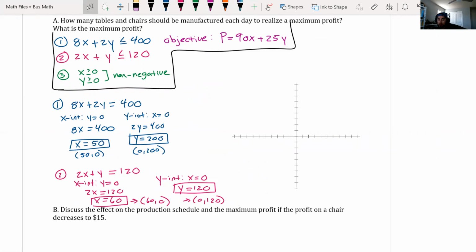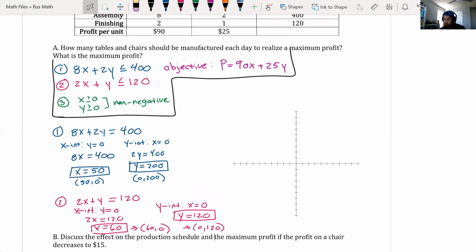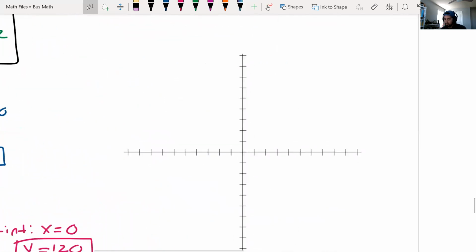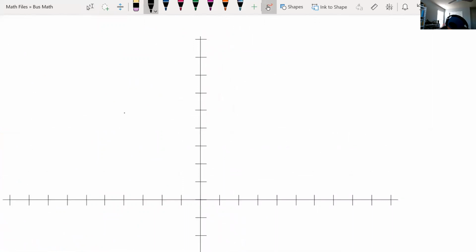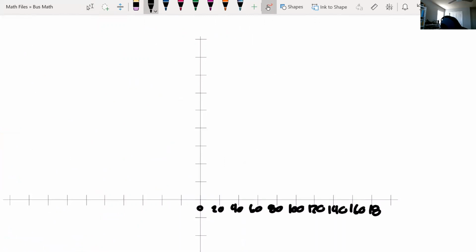Yeah, let's go by 20s. I'll just rewrite these labels. Intervals: 0, 20, 40, 60, 80, 100, 120, 140, 160, 180, and 200.